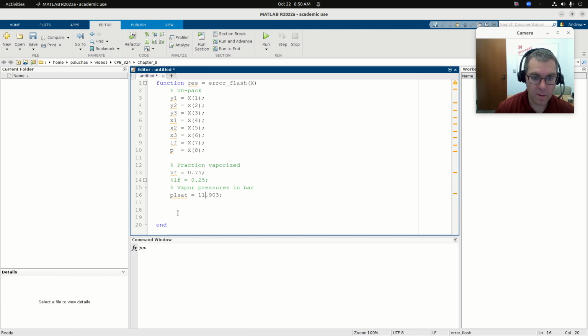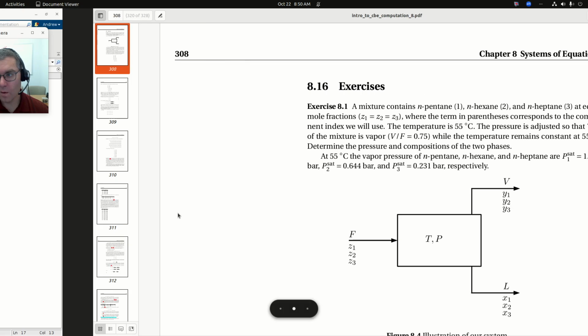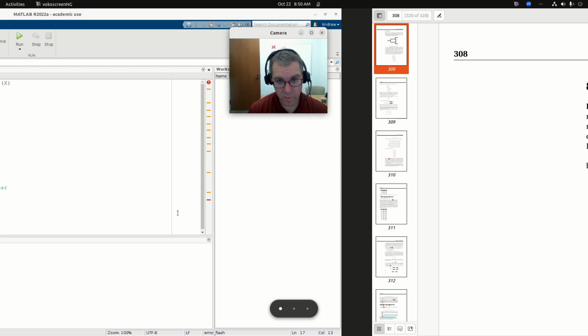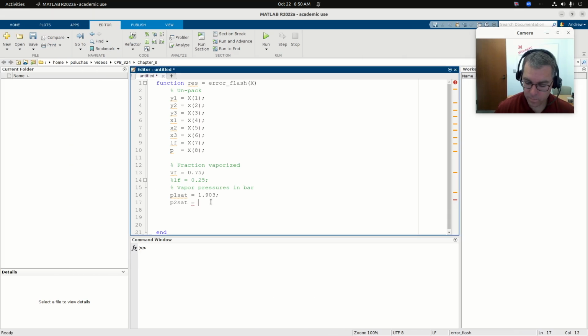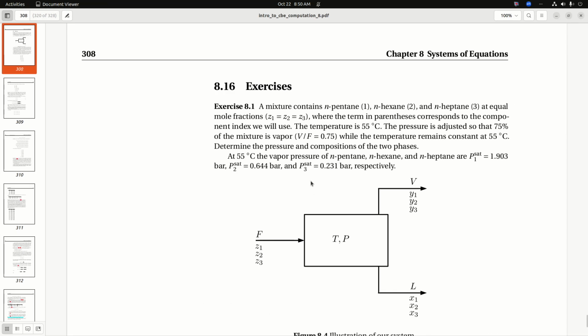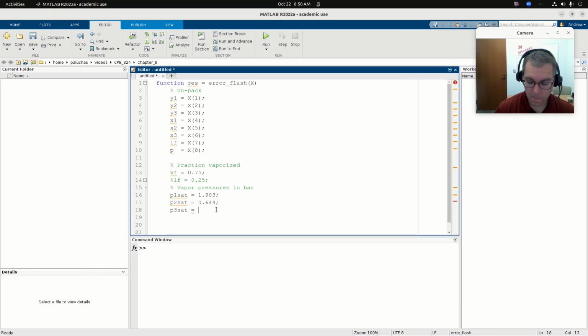So 1, not 11. P2 sat is going to be equal to 0.644. P3 sat is 0.231.